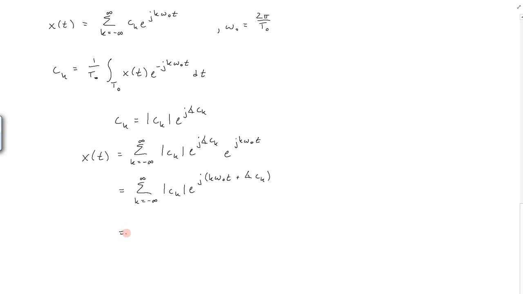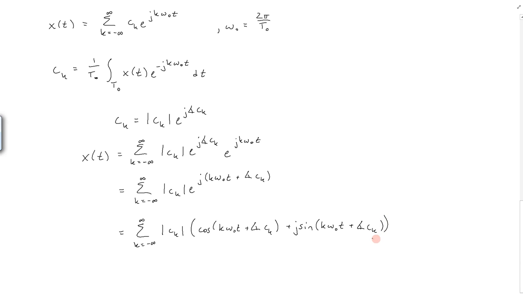And now, as I mentioned, using Euler's identity, we can rewrite this as the amplitude of c sub k times cosine of k omega naught t plus angle c sub k, plus j sine of k omega naught t plus angle c sub k.